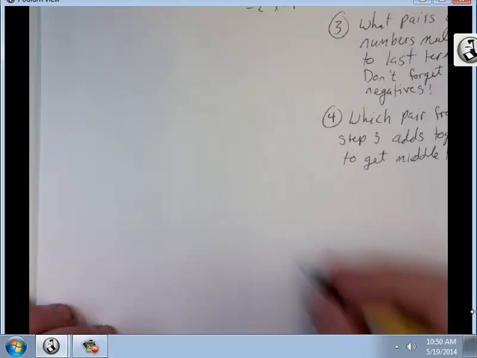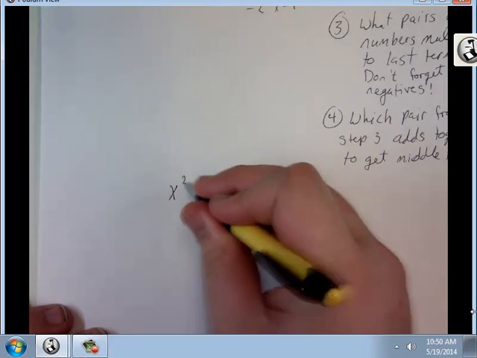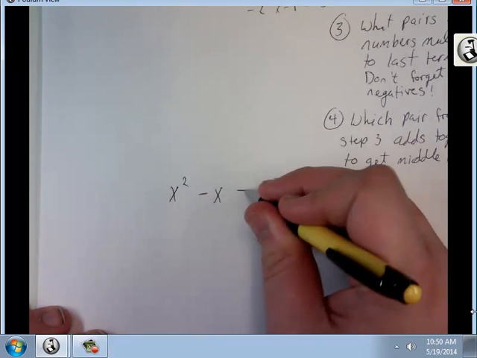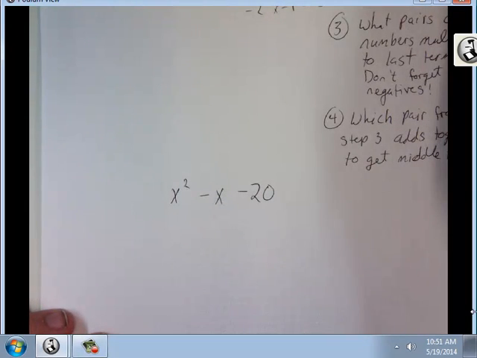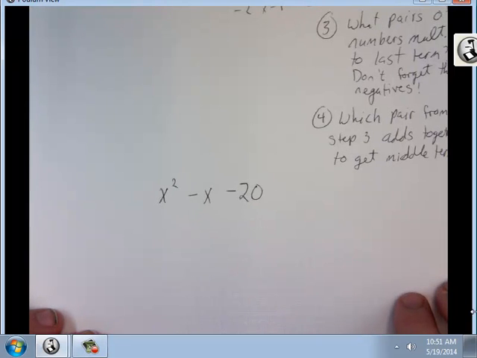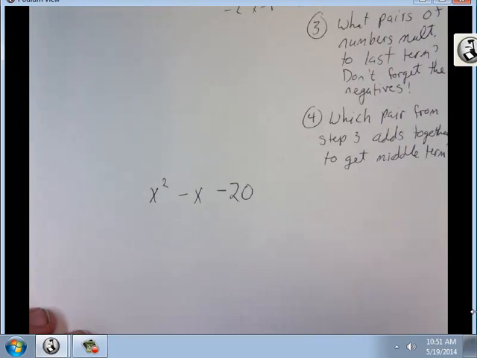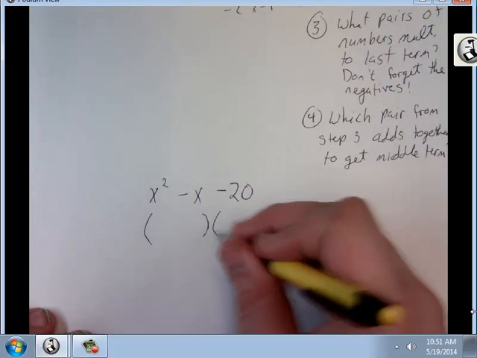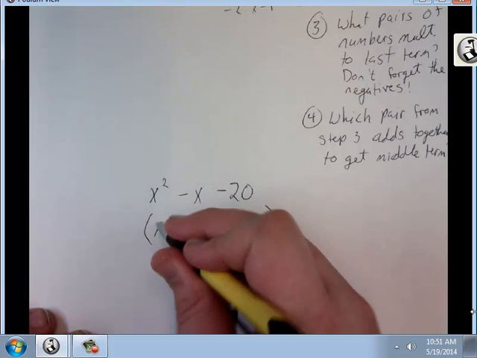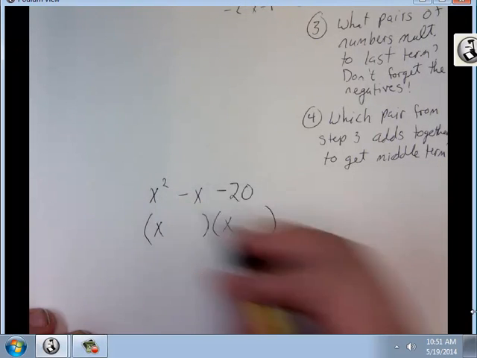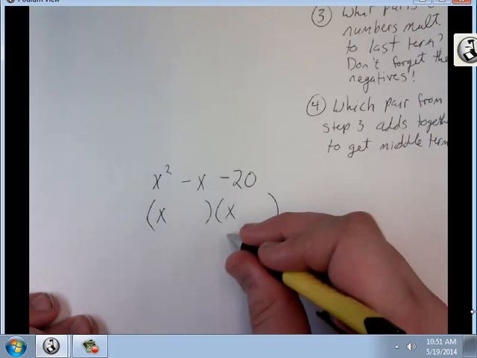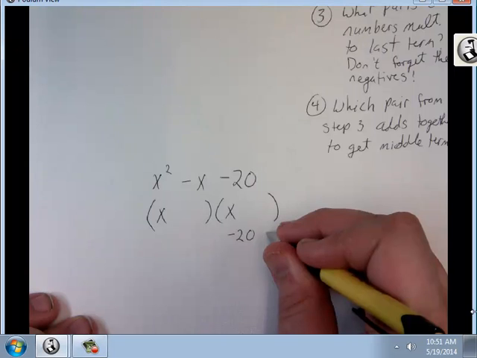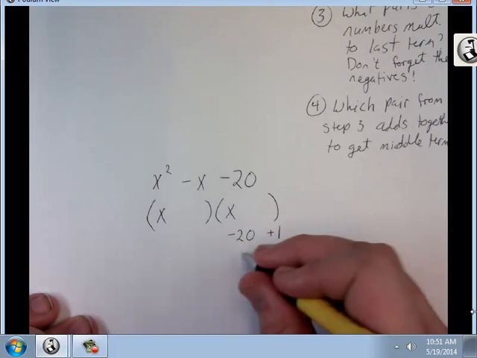Let's try x squared minus x minus 20. Same process as we had up here. I'm not going to pull all the way down. So I got my parentheses. X and x multiplies to get x squared. Now, what multiplies to negative 20? Well, I've got negative 20 and positive 1. I've got 20 and negative 1.